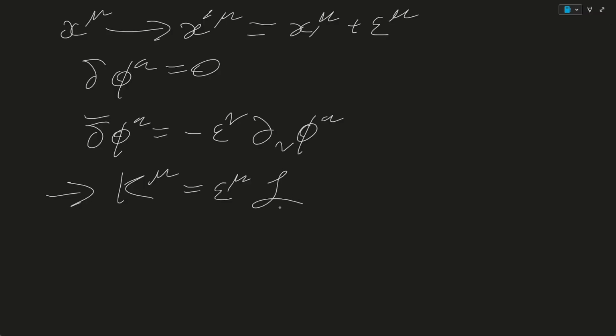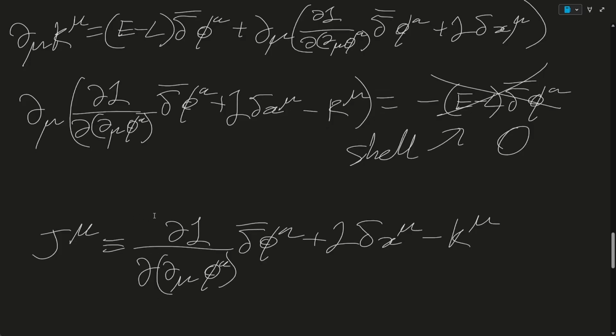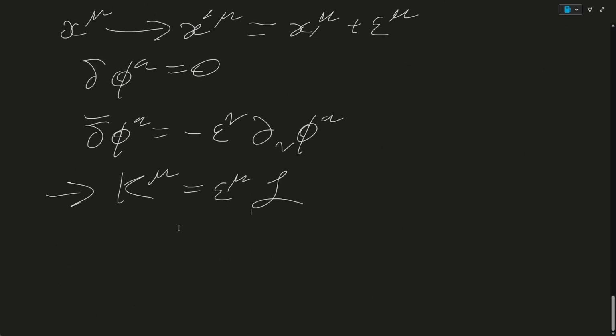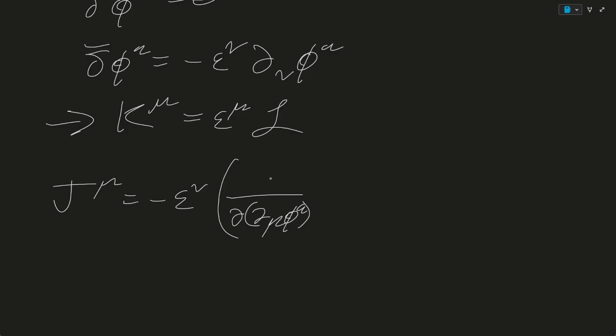And we can put this then into our current definition of the density, which is this, and what it ends up becoming is minus epsilon to the nu of essentially what we had before, but we've lost our term relating to this because it's gone to 0.